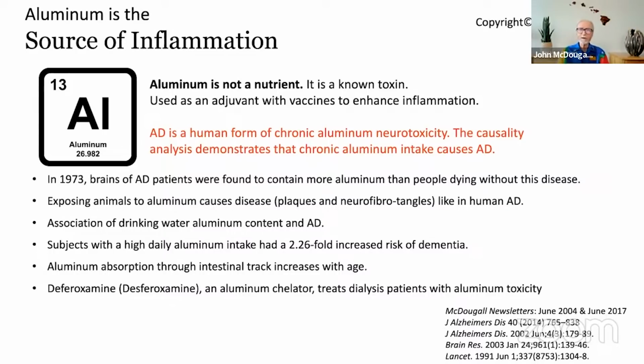1973, brains of Alzheimer's disease. Let me explain how they did the experiment. They took brains of people who, say, died of stroke, and they took another bunch of brains of people who died of Alzheimer's, and they ground them up and analyzed the aluminum content in the different brains. And they found that those who had Alzheimer's had a much higher aluminum content in the ground up brains. 1937, they exposed animals. I know you don't like to see animal experimentation.